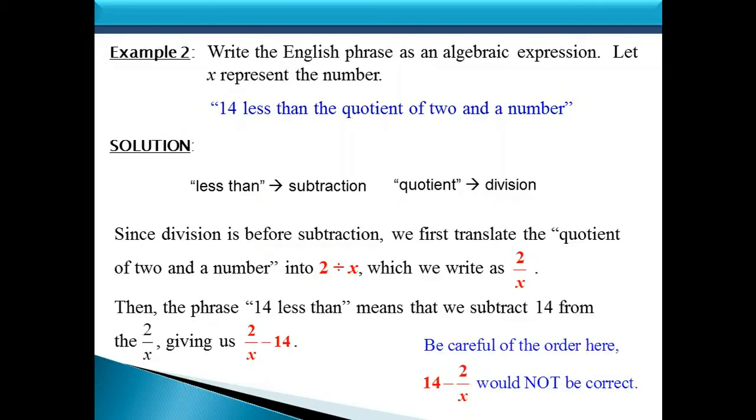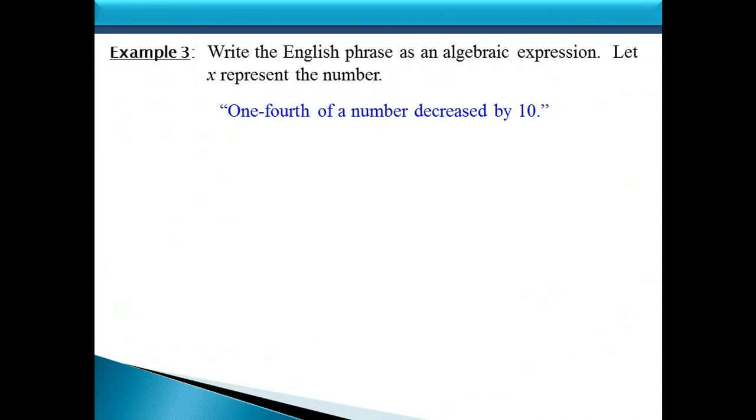And remember, you have to be careful of the order. If you wrote 14 minus 2 over x, that would not be correct. So be really careful of the order when you're working with subtraction. Then here's our next phrase, 1/4 of a number decreased by 10. So notice we have the word of, and it is preceded by a fraction of 1/4. So that word of would translate to multiplication in that case.